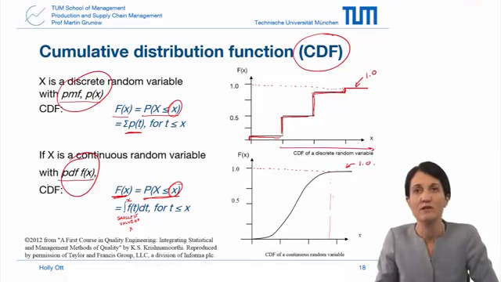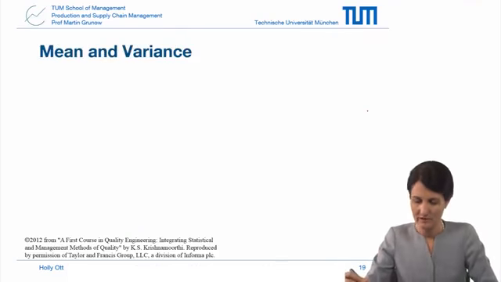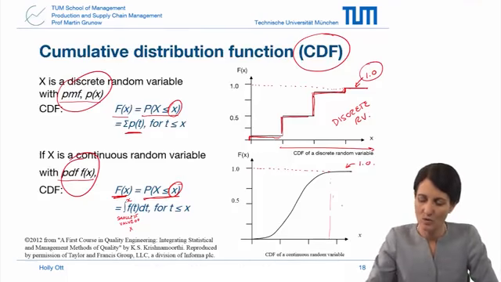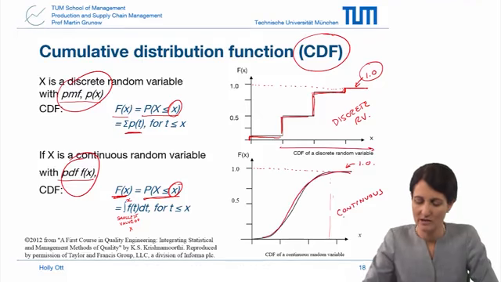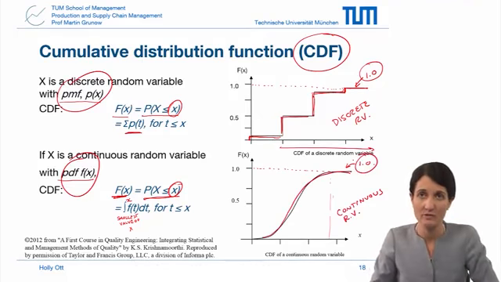And as x gets bigger, you sum the probabilities. And this gives you either a step function for a discrete random variable, which goes up to 1, or a continuous curve. This is a monotone increasing curve for a continuous random variable, also goes to 1. So this is an important concept that we'll also be using later in the course.